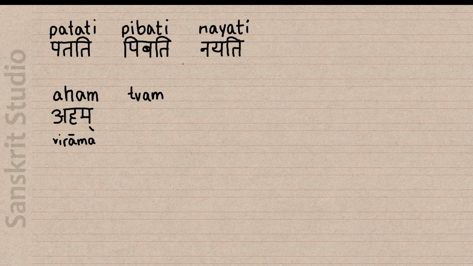Right. So tvam. Okay. How do we do this? Now here we have a problem, because there is no tv letter in Sanskrit. So we have to create a tv, but not really either.